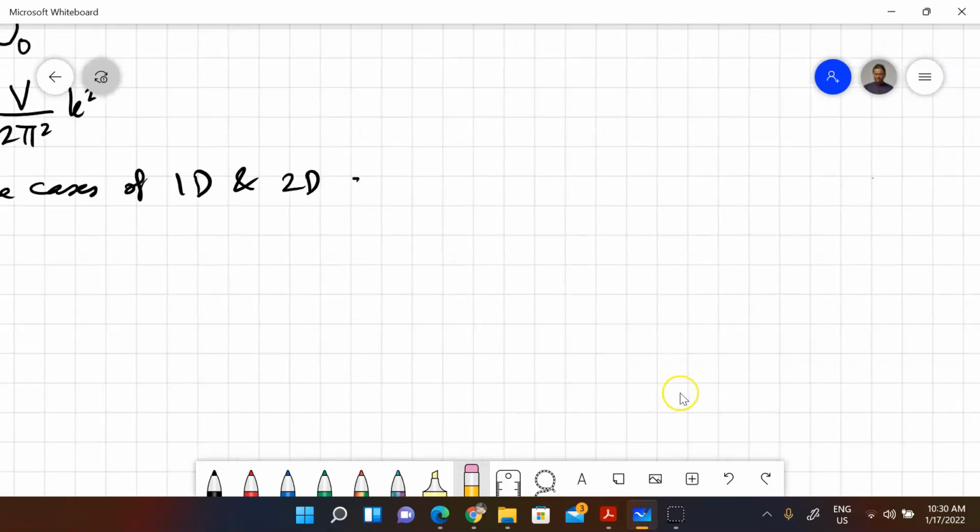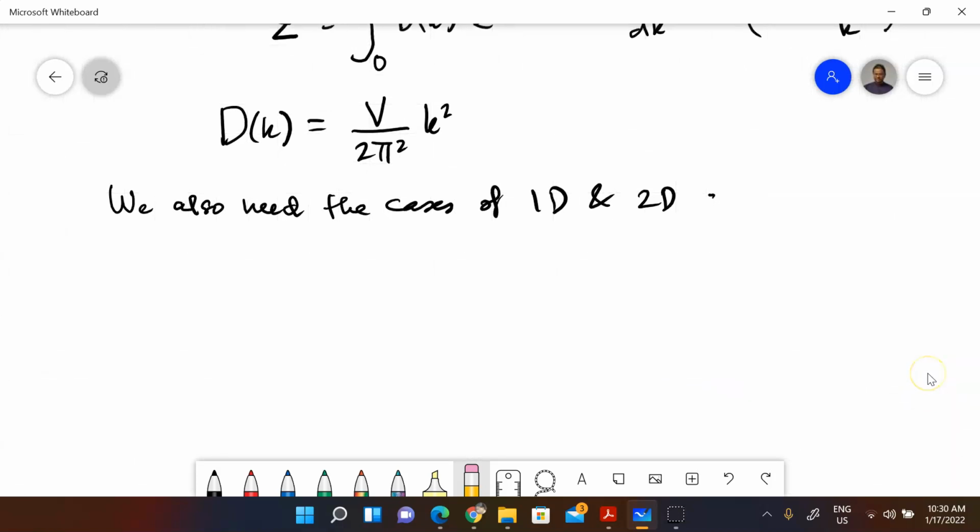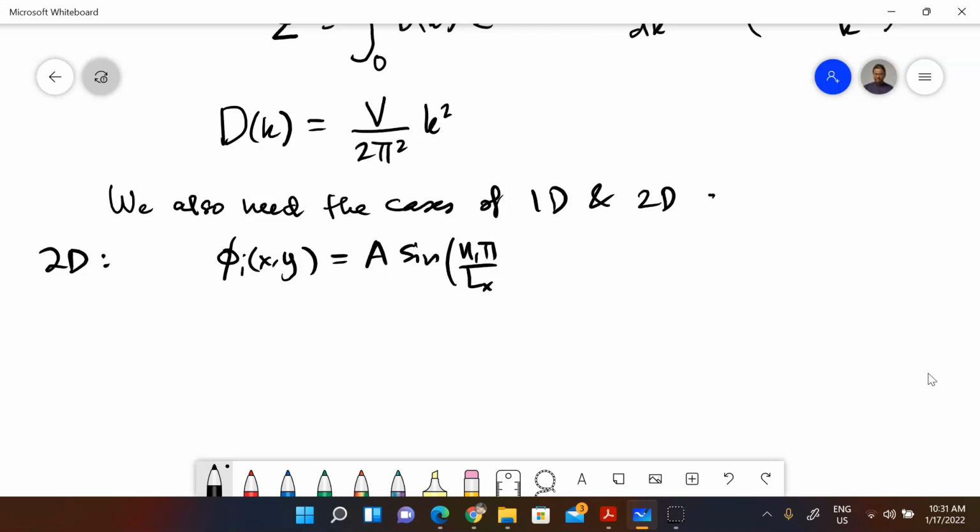So let's go to the 2D case. There, the states are given by sine of n1 pi over Lx times x, sine of n2 pi over Ly times y.